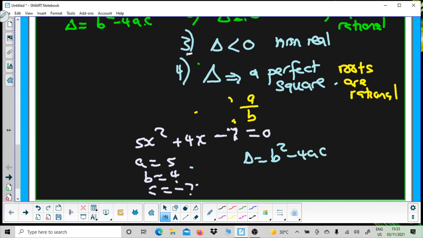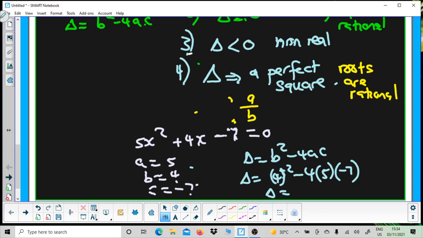They will say, without solving the equation, describe the roots. So in this situation, let's just go and find it. Our b is 4. So I'm hoping there will be something good coming out of this example. Our a is 5 and our c is -7. So someone with a calculator who is serious about life, give us the discriminant, please.